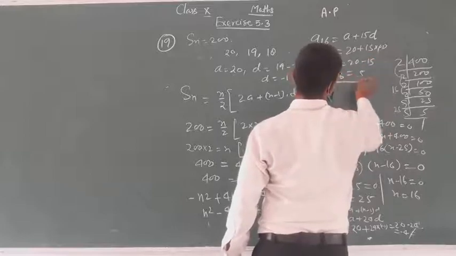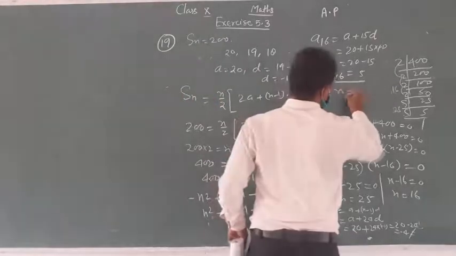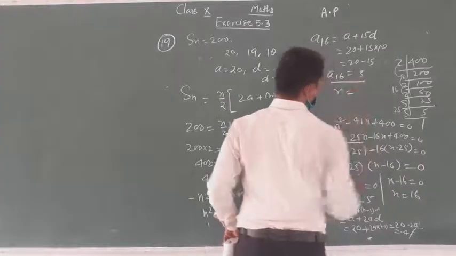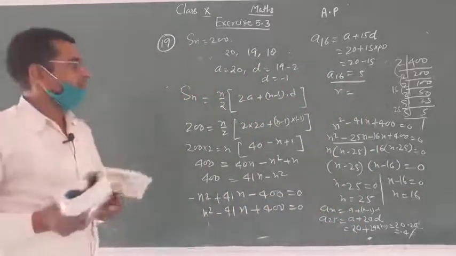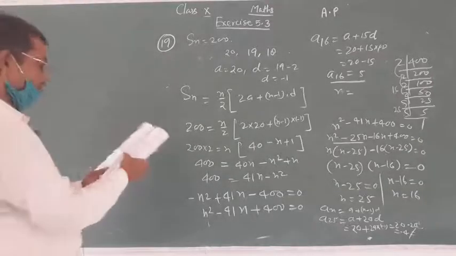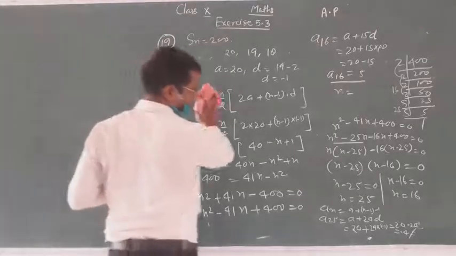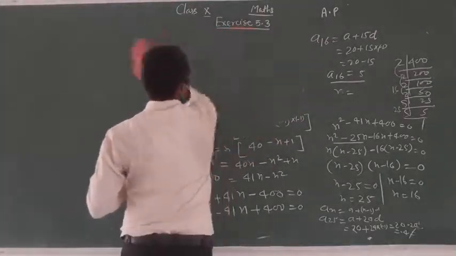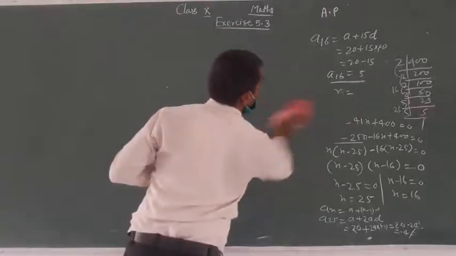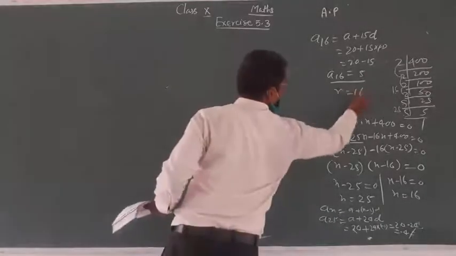So a16 is 5, and this is the answer. n is equal to 16, and 5 is the number of logs in the top row.